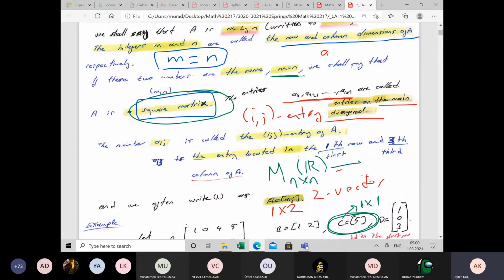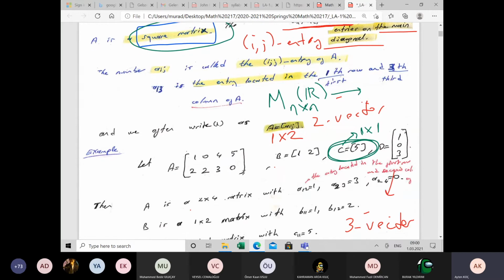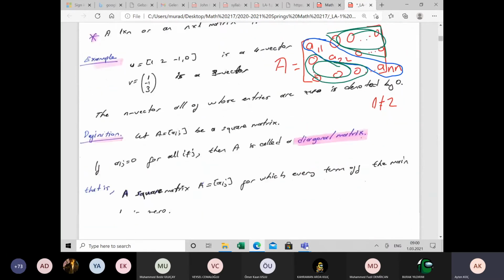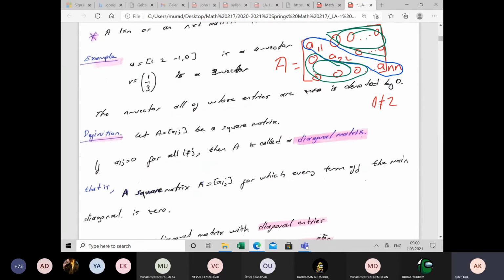For example, take the 1 by 1 matrix; it maps to 5. So 1 by 1 matrices correspond to the real numbers.